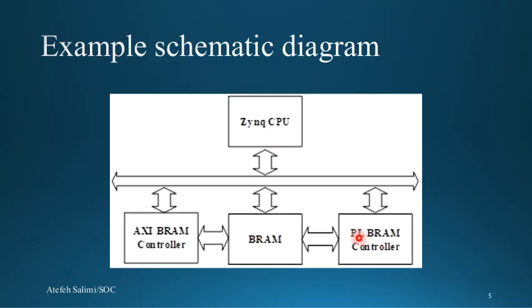But this one is a custom IP that you should design based on your example and your architecture. For example, in this diagram, I will show you what are the steps to complete this block for this design.